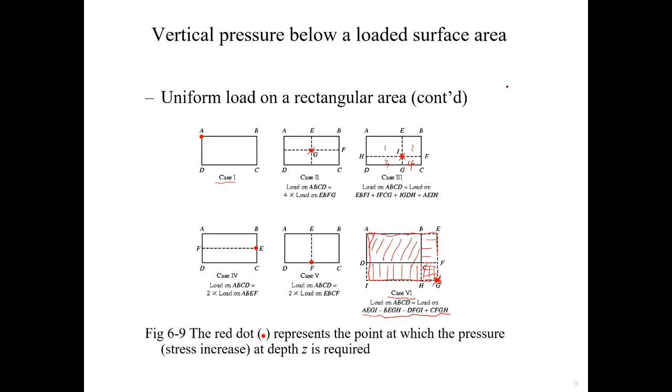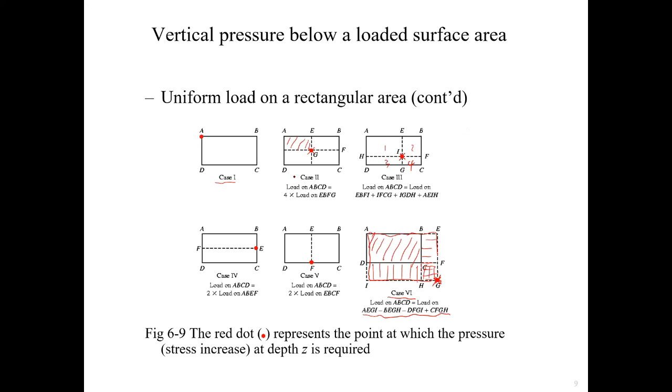So case 2, right? We find the stress of A, B, C, D, and then we times it by 4. Yeah, no, this is not 4. This one you can times 4 because the loading area is the same. But this one you have to calculate separately. Oh yeah, the loading areas are different.